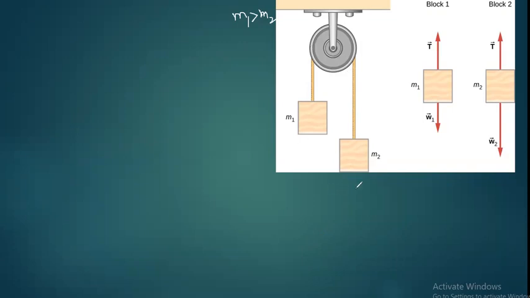In order to draw the FBD of the total system, we split it into two blocks. How many blocks are there?